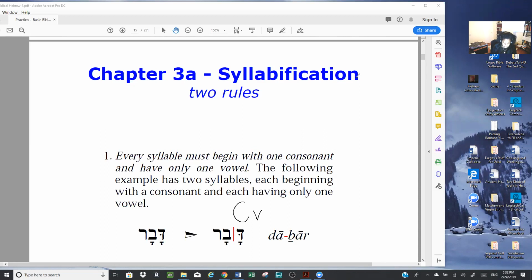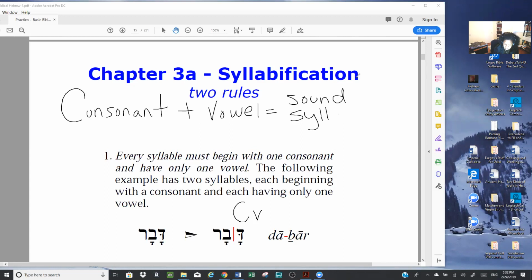You have a consonant and a vowel. So a consonant plus a vowel equals a sound, a syllable, right?